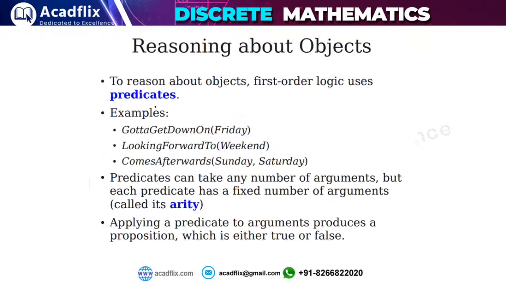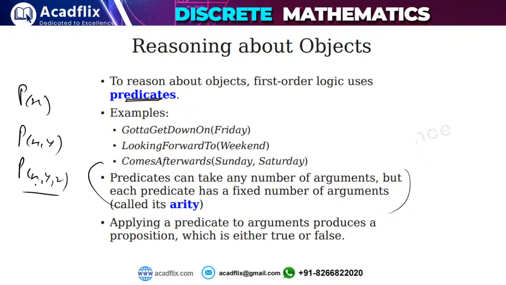The next thing we have is something called a predicate. I have already defined what a predicate is, and a predicate can take any number of variables. For example, this is a predicate on 1 variable, this is a predicate on 2 variables, this is a predicate on 3 variables, and so on. How many arguments it is taking is called the arity.